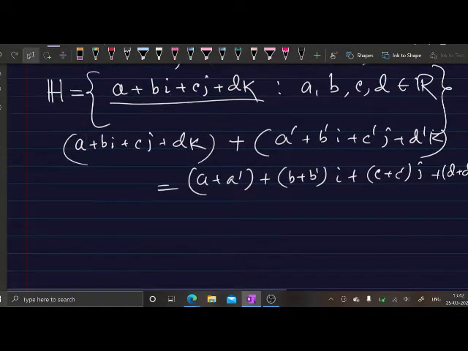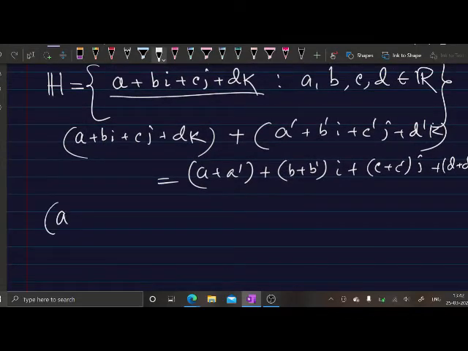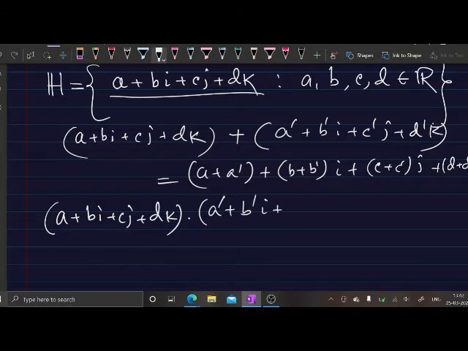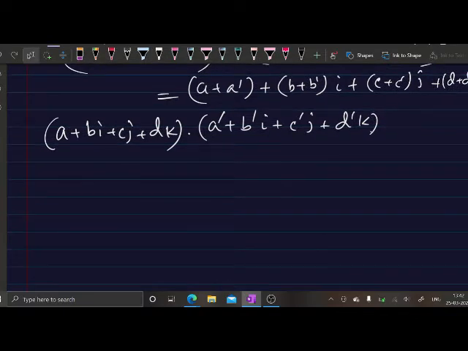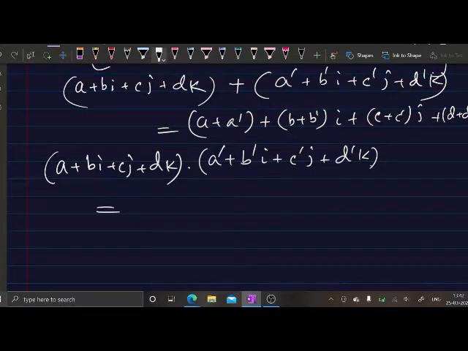Okay, now what about the multiplication? To make the definition of multiplication, you can follow an easy algorithm. That is, you just multiply these two expressions term wise, not component wise, sorry.